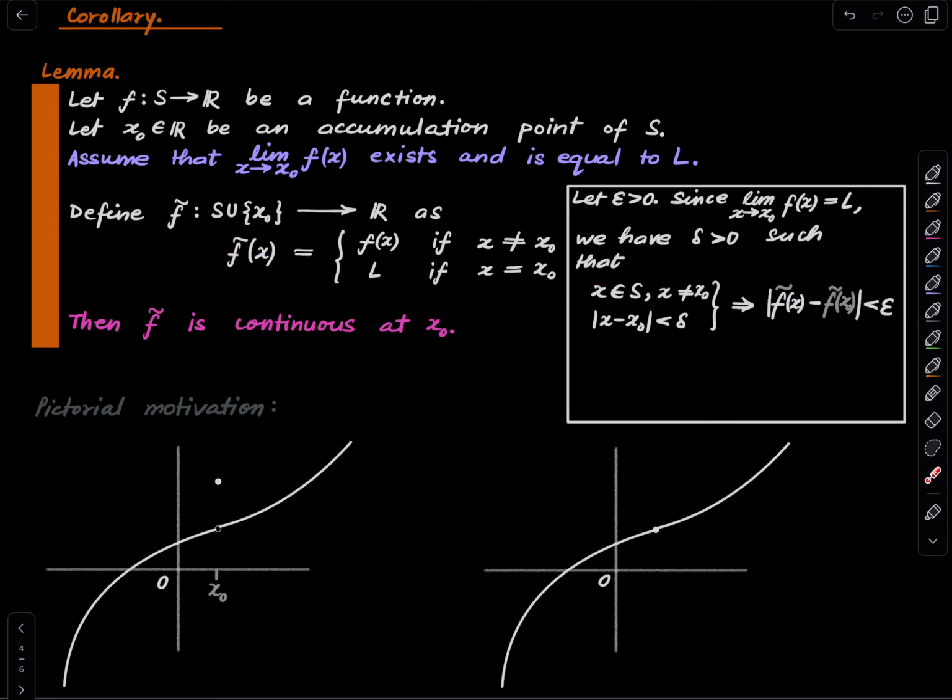But what happens at x equals x naught? If you have x equals x naught, this is obviously 0. So I can also delete this, right? So clearly there is a delta which witnesses that the epsilon delta criterion for the continuity of f tilde at the point x naught holds. So this proves the continuity of f tilde. So we did not have to go to any extra page.